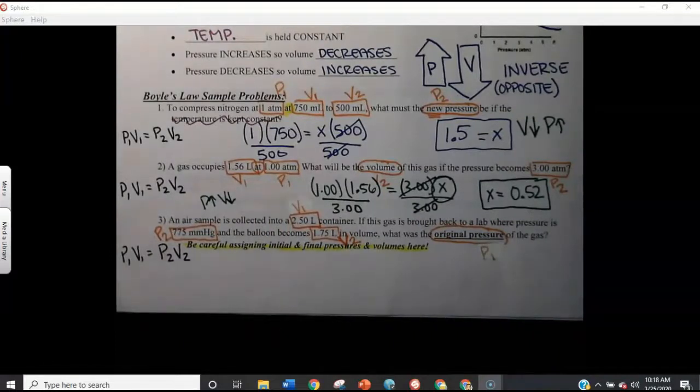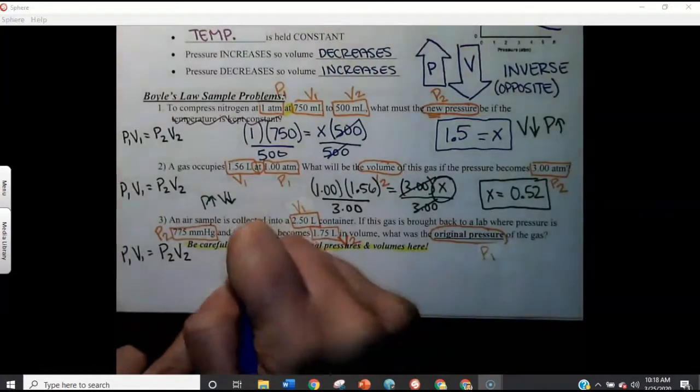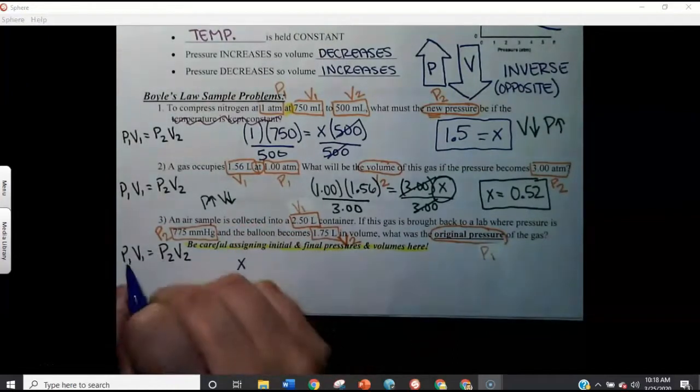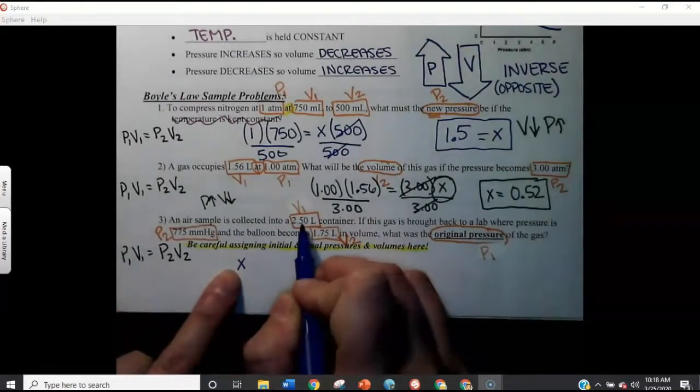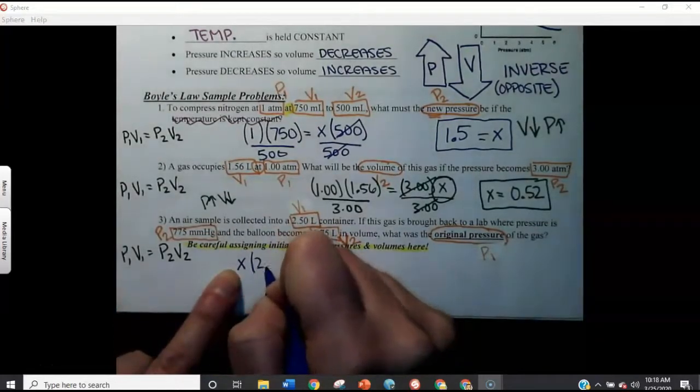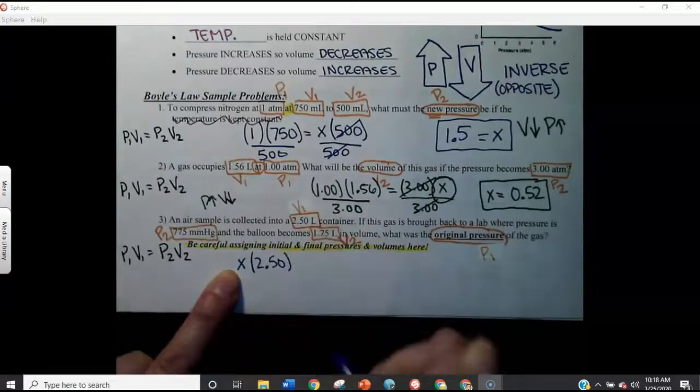So looking at substituting and solving for this, I'm going to switch colors. I don't know what my first pressure was, what my P1 was, so I'm going to plug in x for original pressure. But I know that it was collected into this original container, that was 2.50 liters.